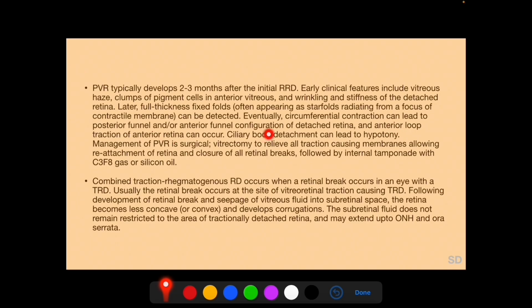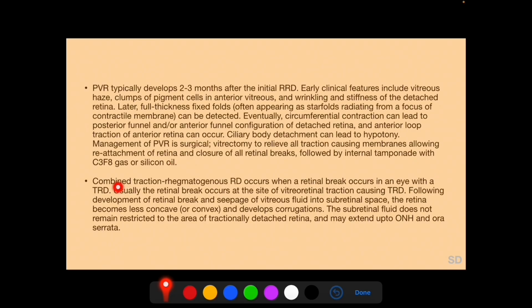Ciliary body detachment can lead to ocular hypotony. Management of PVR is primarily surgical. Vitrectomy is required to relieve all traction-causing membranes, allowing reattachment of retina and closure of all retinal breaks, followed by internal tamponade with C3F8 gas or silicone oil.